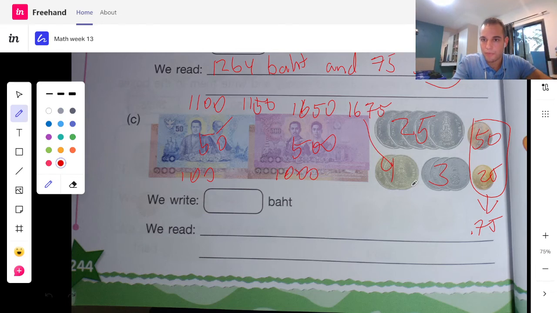So we have 4 and 3 is 7. So let's add 7 here. So 75 plus 5 is 80. And then plus the 2. So we can separate this to 5 and 2 to make it easy. Because 75 plus 5 is 80, plus 2 is 82. Okay? So we have 1,682.75.